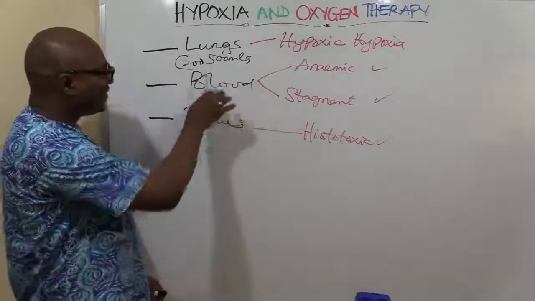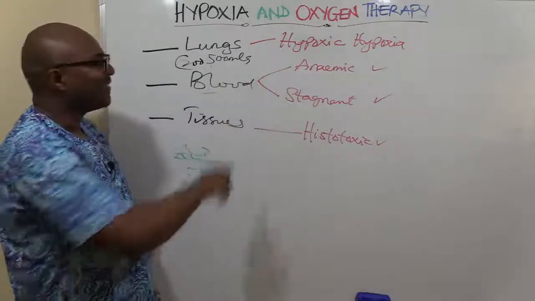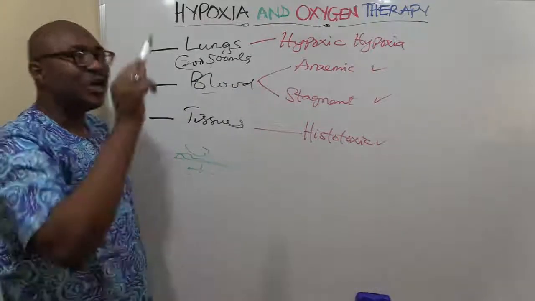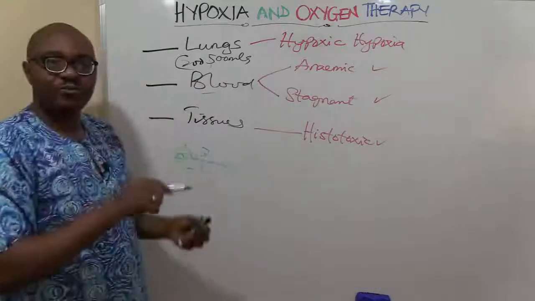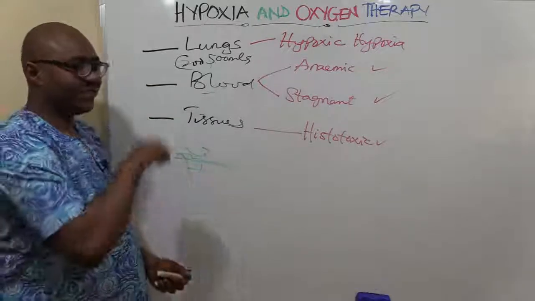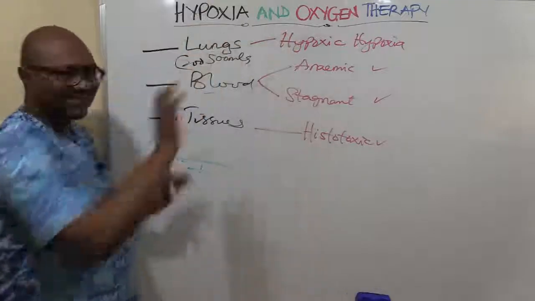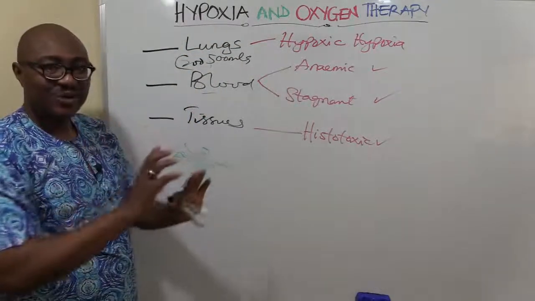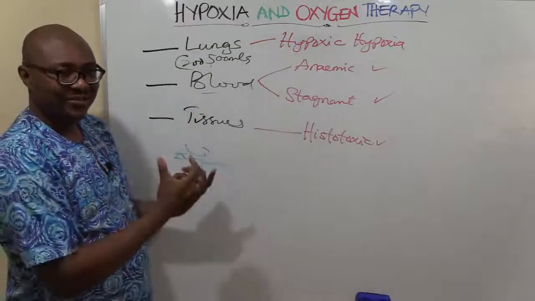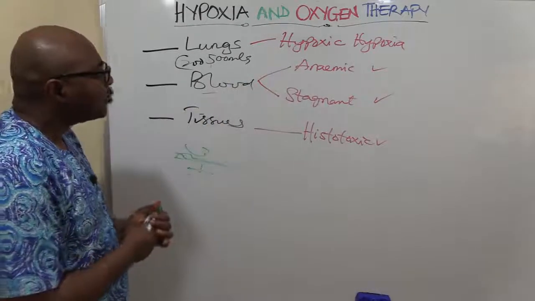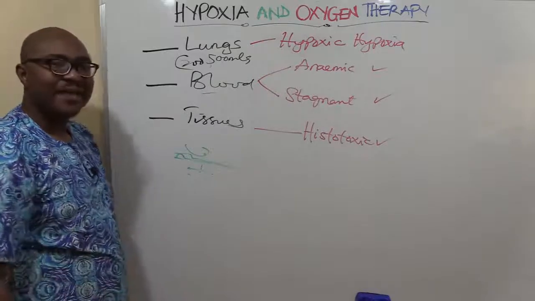So any of those 3 scenarios causes hypoxic hypoxia, because in the end, not enough oxygen is entering the blood. That's from the blood upwards, hypoxic hypoxia. Do you understand that now? Low oxygen entering the blood.